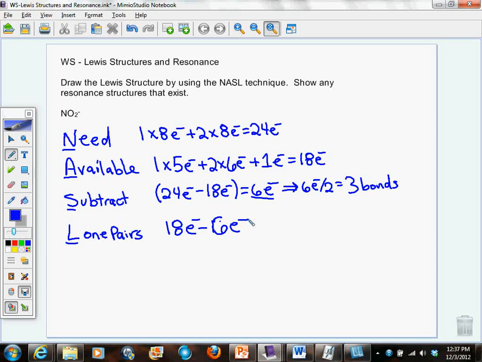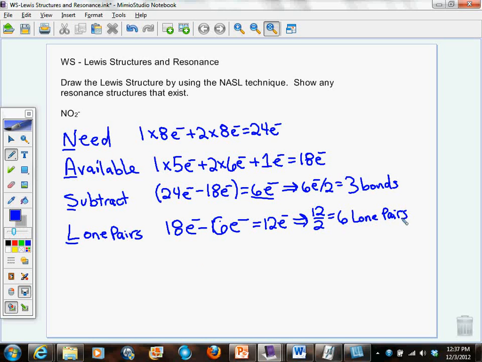So this gives us 18 minus 6, 12 electrons that are not going to be used in bonds. So for the number of lone pairs, we take 12 over 2, and that means 6 lone pairs, because they appear as pairs. So now I can go ahead and draw this Lewis structure.